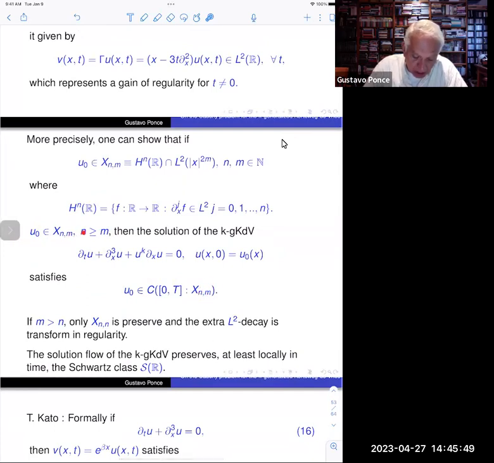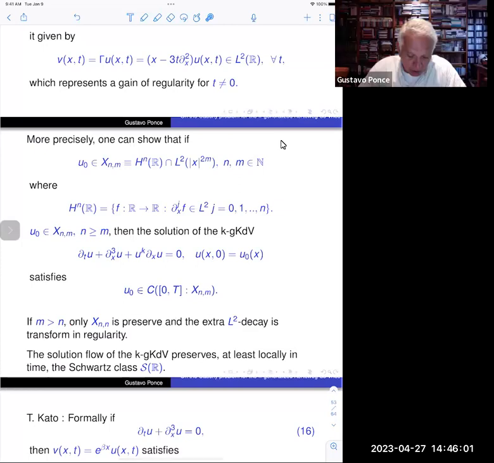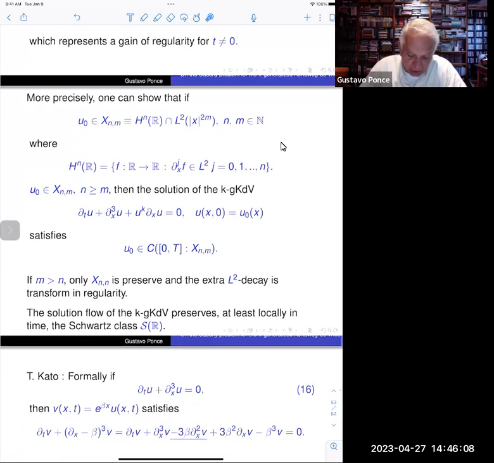Only if you have more decay, you have more regularity than decay. This parameter, the number of derivatives, is larger than this one. What happens if you have more decay? Then you only preserve this, but this extra decay will be transferred into further regularity. If you keep going like this, you can prove that the solution flow of all the generalized KdV preserves locally the Schwartz class, because it preserves as much regularity as much decay, in that order.